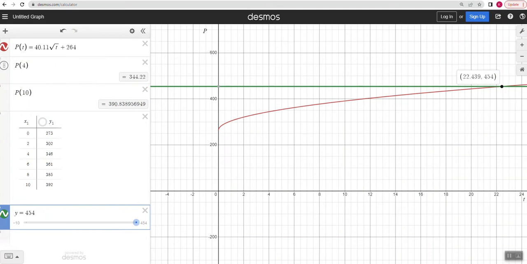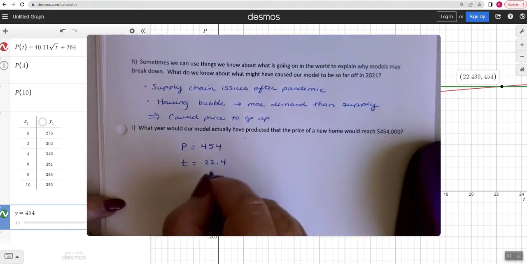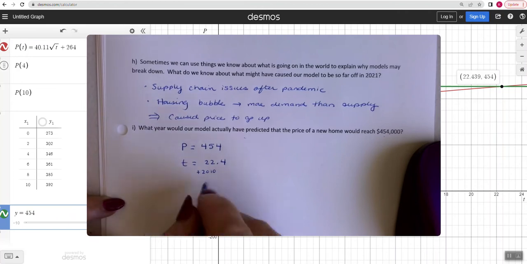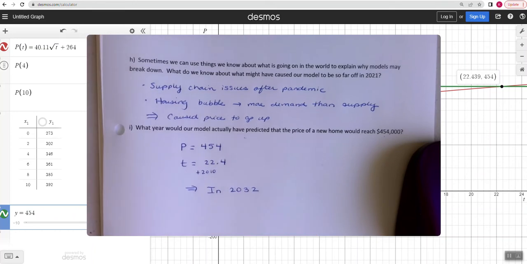A t-value of about 22.4. So again, our starting year for this data was 2010, so that would have been in 2032. So essentially, the issues with supply chains, housing bubbles, etc., advanced the price about 10 years ahead of its time.